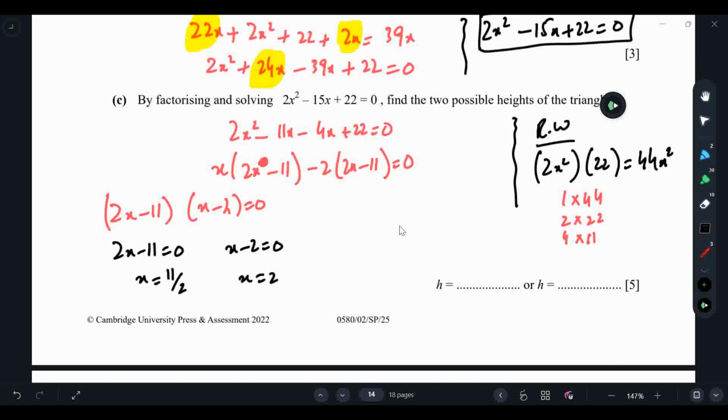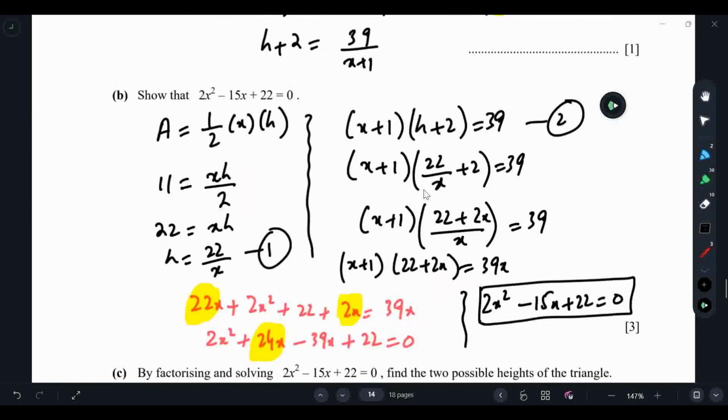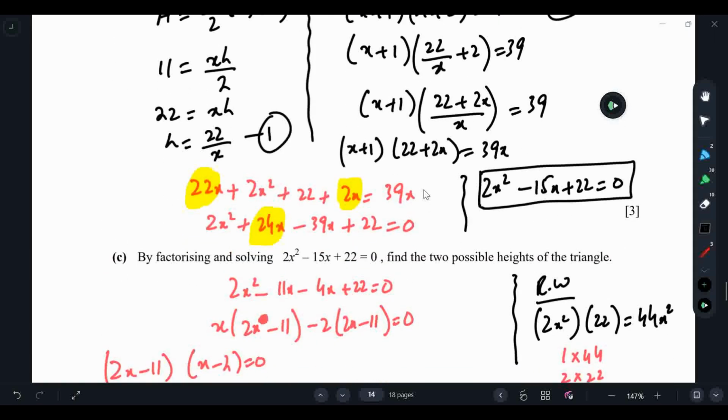Now we can see that we have two answers for x, but the question is to find the possible heights of the triangle. Now height of the triangle is 22 by x.